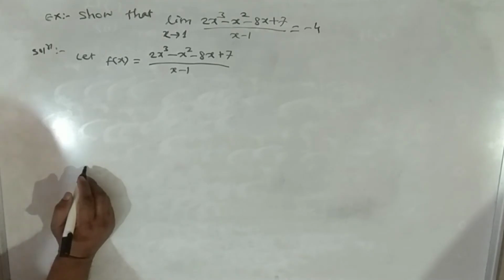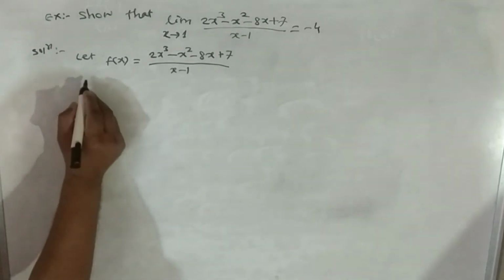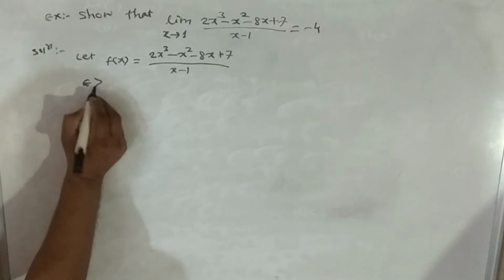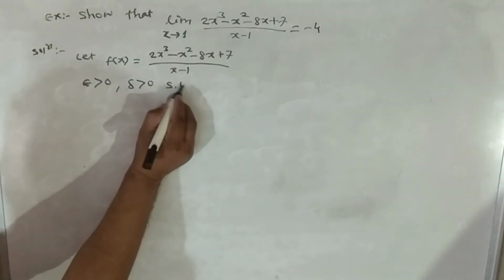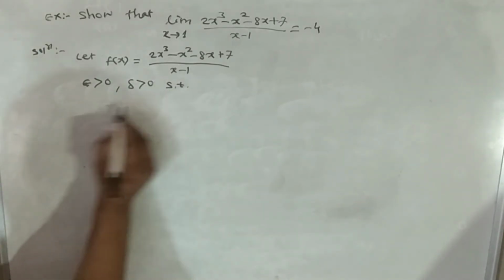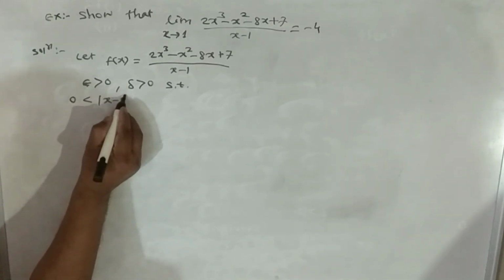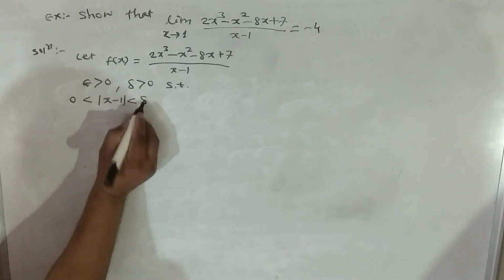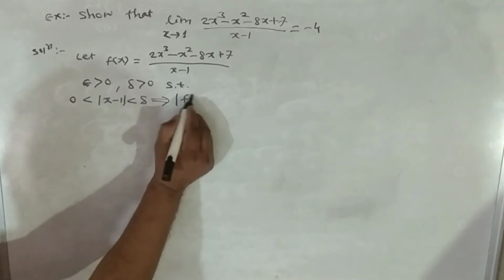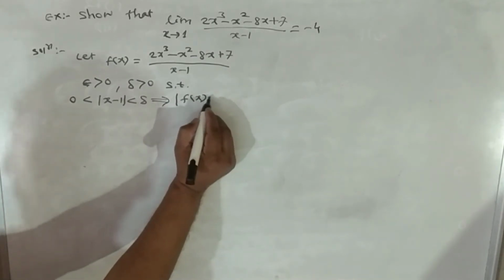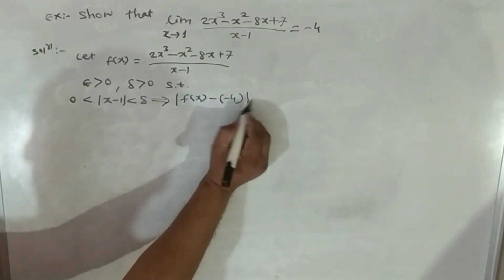So that for any epsilon greater than 0, there exists delta greater than 0 such that 0 is less than mod x minus 1 is less than delta, implies that mod f of x minus 4 is less than epsilon.